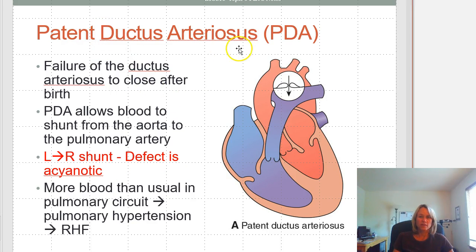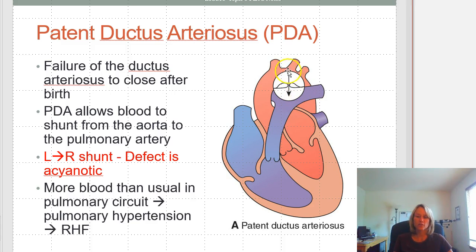So patent ductus arteriosus. This is when we have failure of that ductus between the aorta and the pulmonary artery to close after birth. Now, a PDA, a patent or open ductus arteriosus, is going to allow blood to be shunted from the aorta to the pulmonary artery.